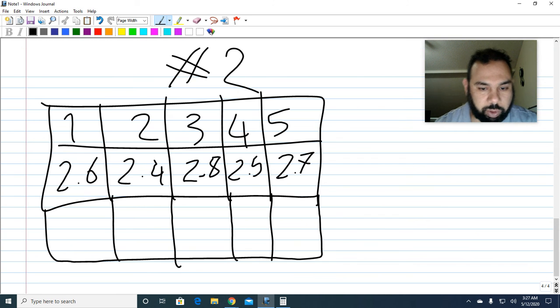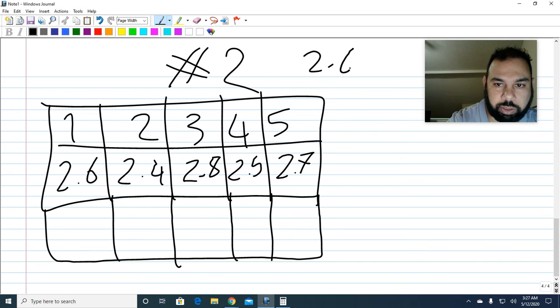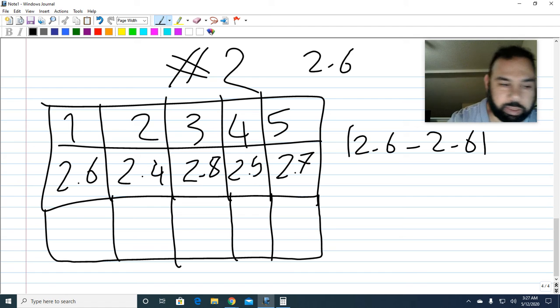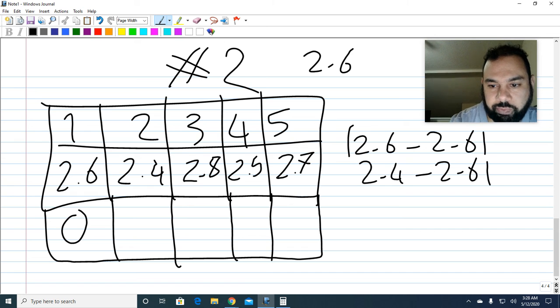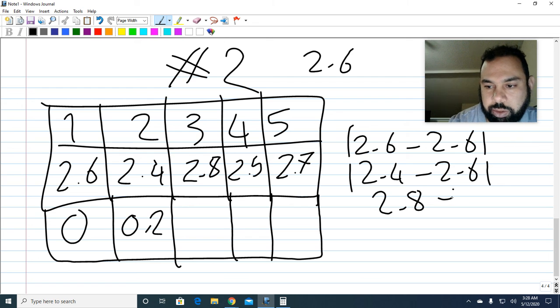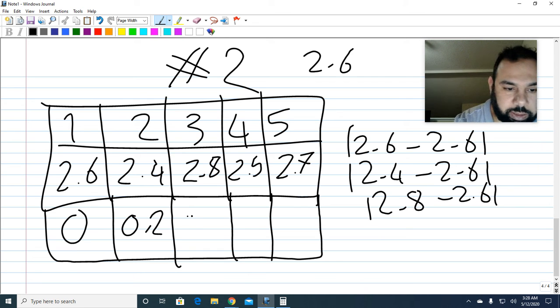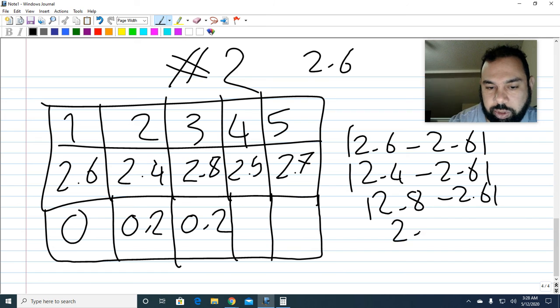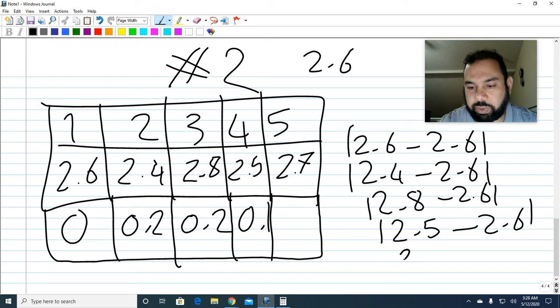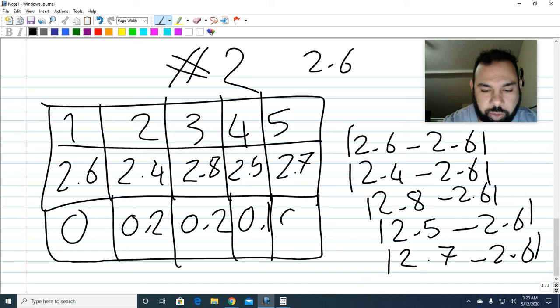The average was 2.6, so for each one we're going to do the value minus 2.6. 2.6 minus 2.6 is 0. 2.4 minus 2.6, absolute value, is 0.2. 2.8 minus 2.6 is another 0.2. 2.5 minus 2.6 is 0.1. You can see that even the numbers give you an indication of what is going on. 2.7 minus 2.6 is 0.1.